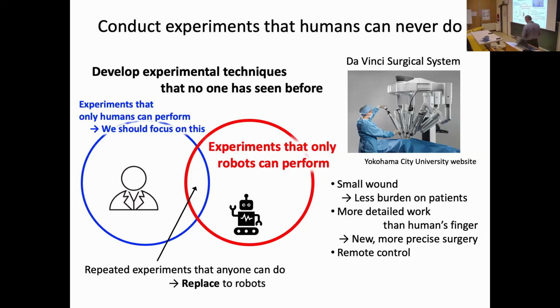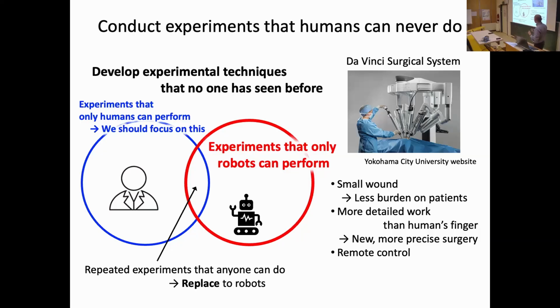If it's human surgery, then we have to open up our stomach and see the inside. But if we use a robot, the human has only 2 hands, but robots have multiple hands. We just make a small hole and stick these rods, which have cameras, into our body.